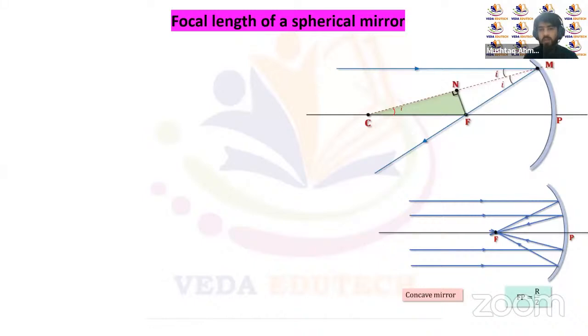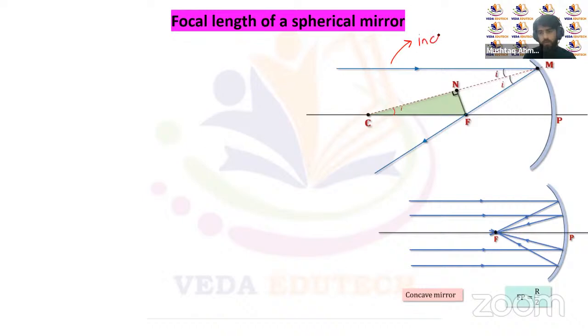Now, you can see here the spherical mirror we have taken for the calculation of the focal length is the concave mirror. This is the incident ray of light. A parallel beam of light is incident on this concave mirror at point M. This is the incident ray.